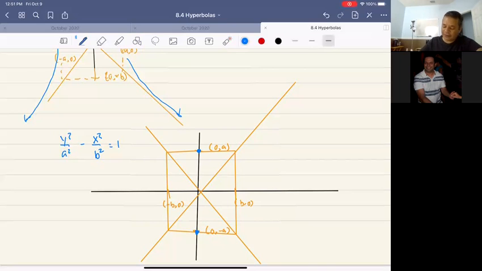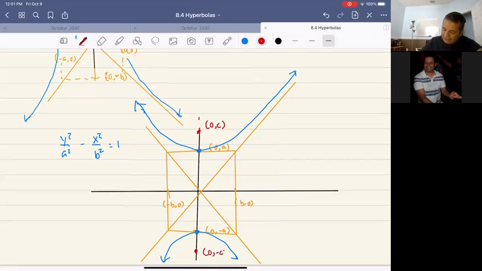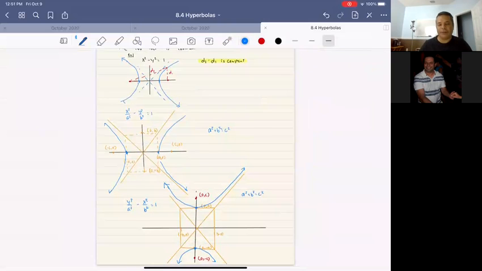So now I'm just going to draw my hyperbola like so. And I'm going to have my foci here and here at 0 comma c, 0 comma negative c, where a squared plus b squared equals c squared. So that's the basic form for hyperbolas.